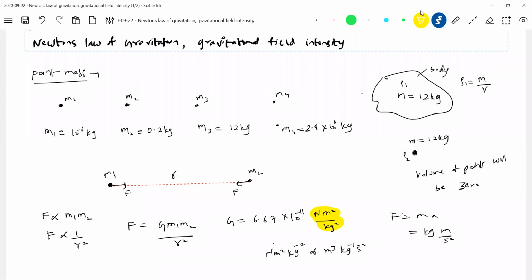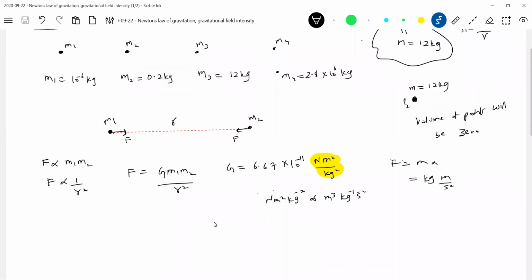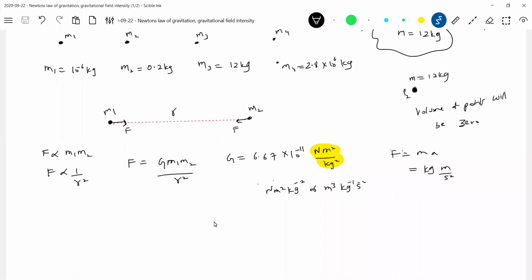Now, what is this force? It has some characteristics which till now we didn't notice. It obeys the inverse square law. So these are the features of F. F obeys the inverse square law.